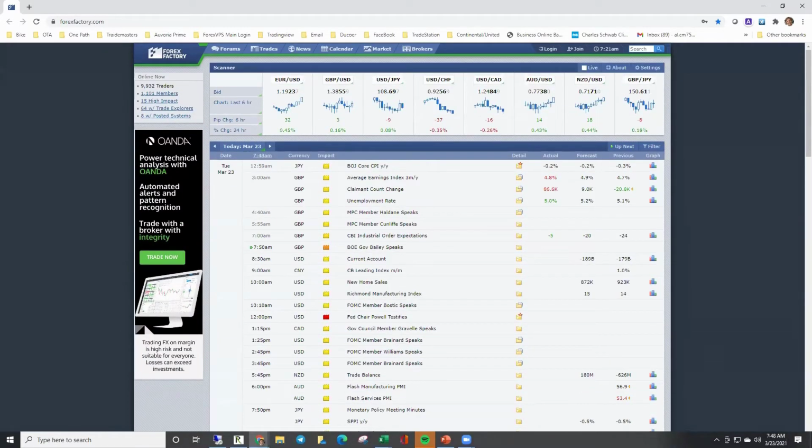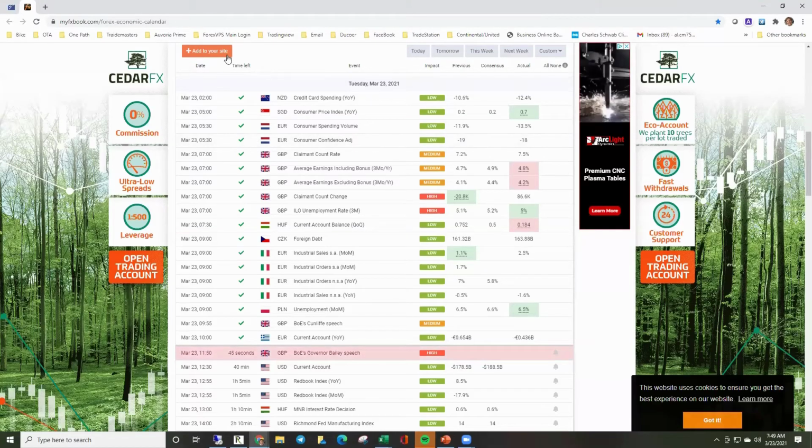Let's see, where else is my other one? I had another one here someplace. Here's my FX book. Let's take a look at this one. I'm going to guess it's going to be close to the same story. March 23rd, there's a couple of red folders here. This is the British right now at 7 o'clock, that's behind us already.